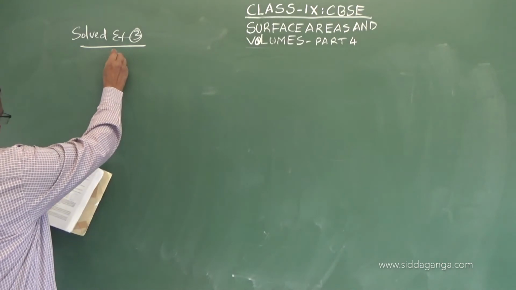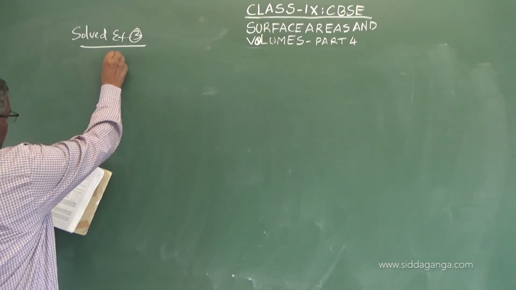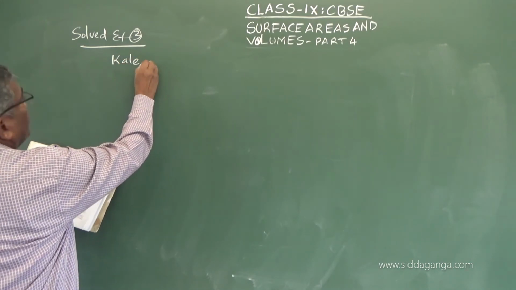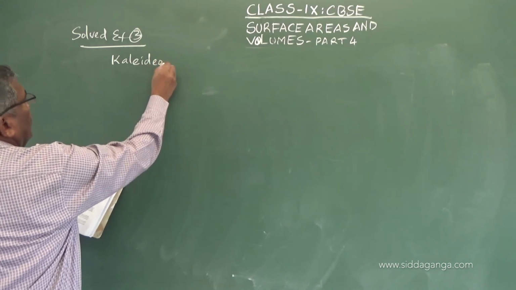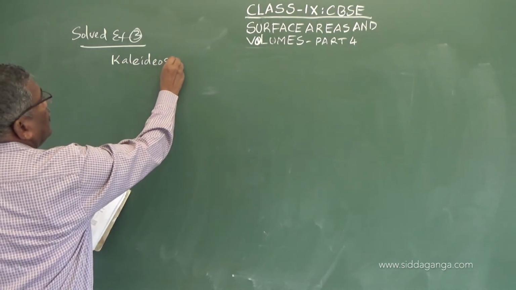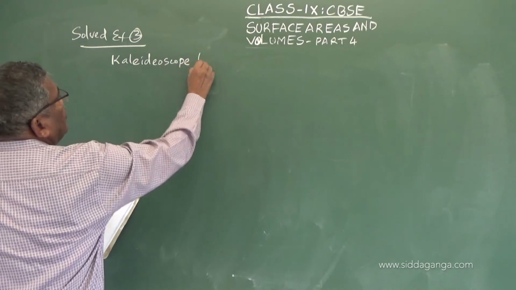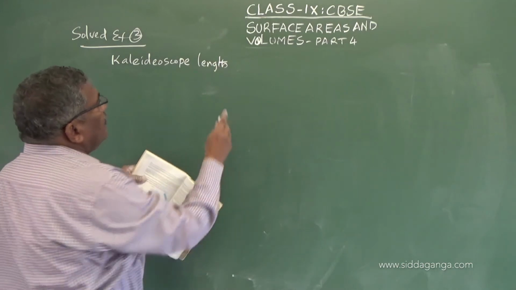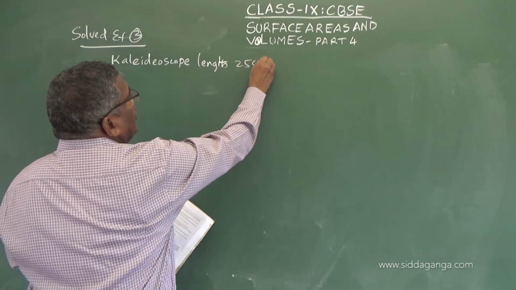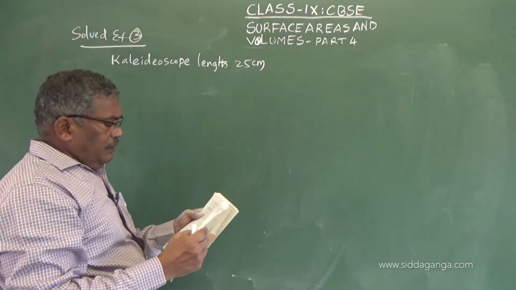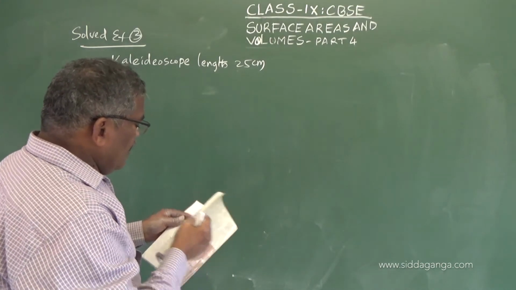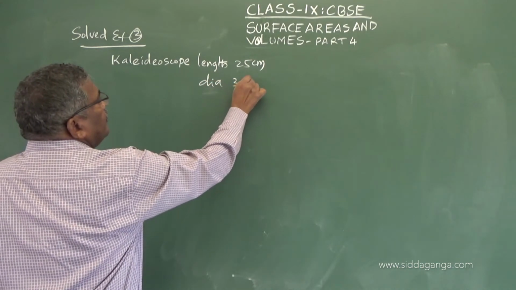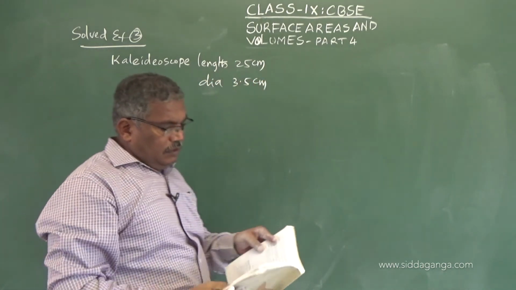See, the kaleidoscope length, what is the length given? 25 centimeter, with a 3.5 centimeter diameter.